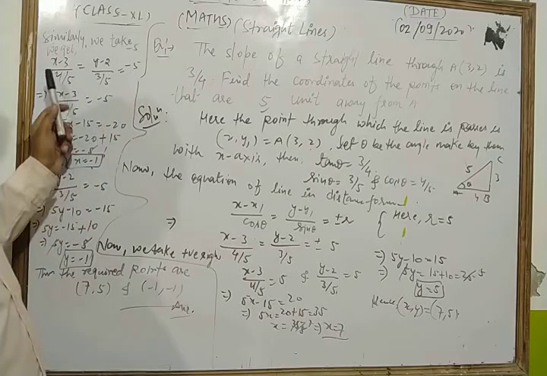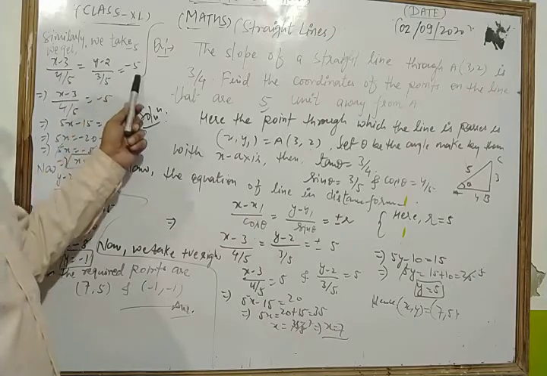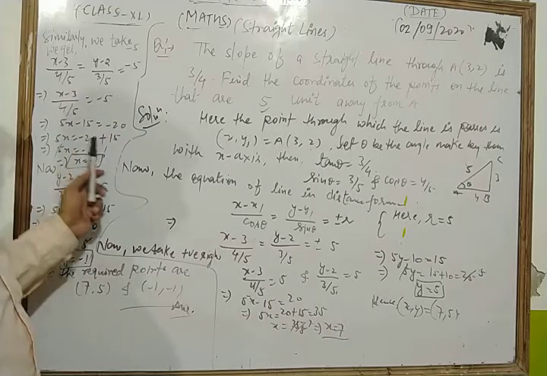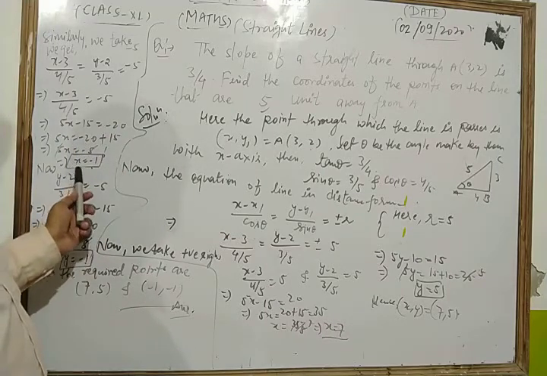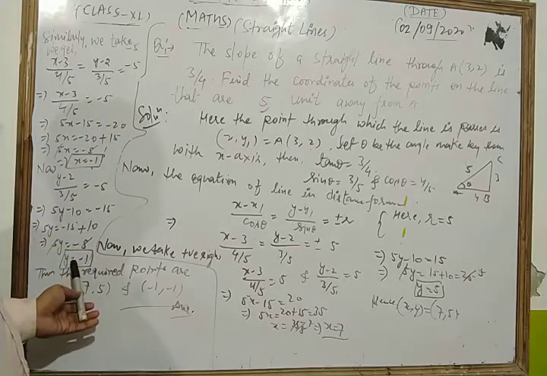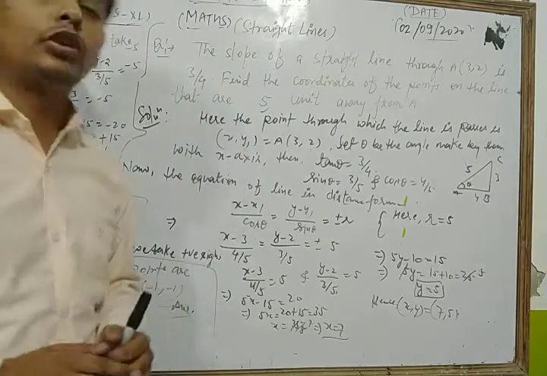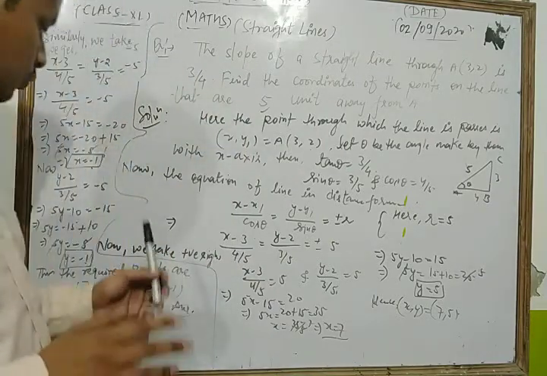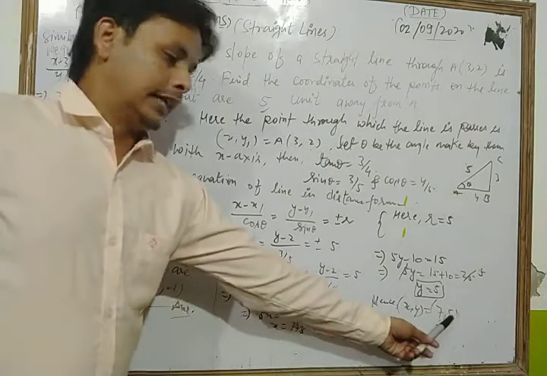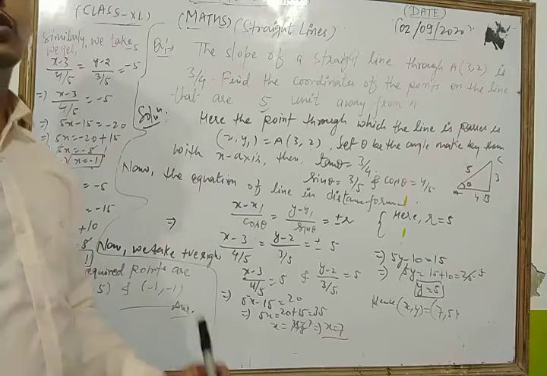Again, we take this is equal to this, and now we take this is equal to this. In both the cases, we solve. After solving that equation, we get the value of x is minus 1, and after solving that equation, we get the value of y as minus 1. So in this way, dear student, the required coordinates of the points are 7, 5 and minus 1, minus 1. This is our required answer.